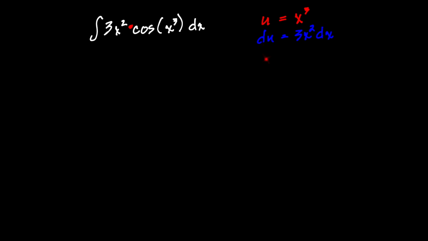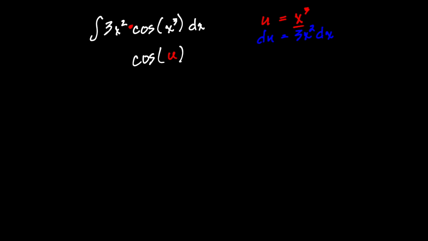And remember, this is the way we write this. I don't put the dx under here. I move it over to this side so that I can match it up with something over here in the expression I'm looking for. So I have a cosine of, well, this is my u, so I'm going to put u in here.